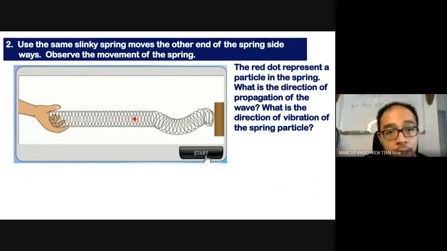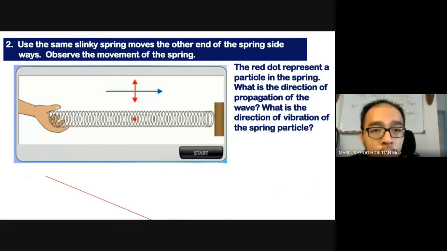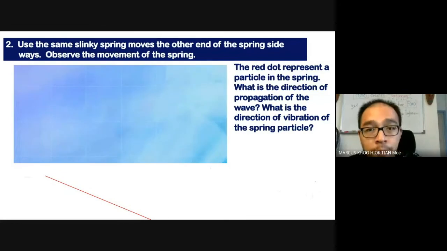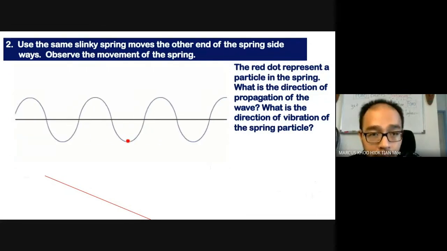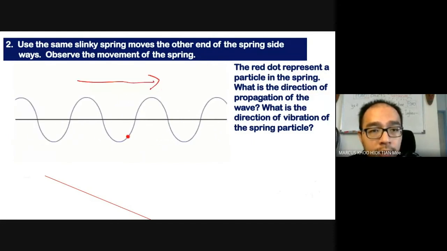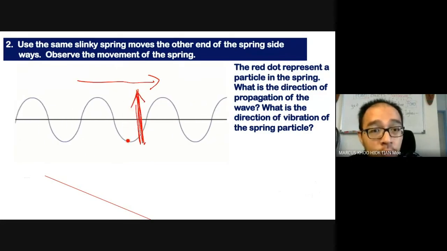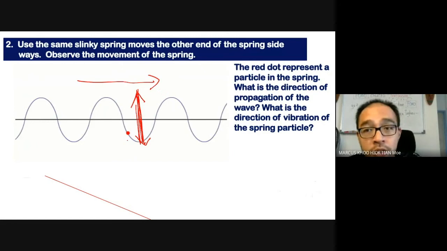The red particle is also moving up and down, but the propagation of the wave is to the right. The wave is moving from left to right, but the particle is moving up and down. It's actually not moving along with the wave at all.